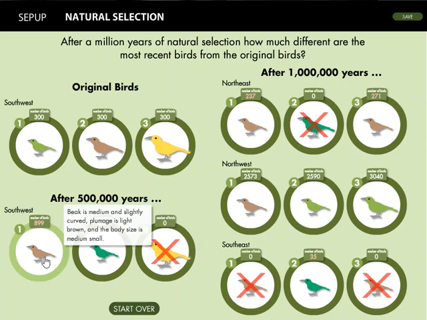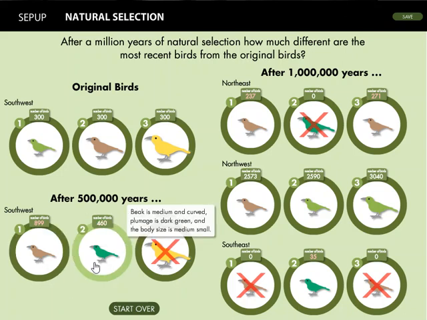They have a medium slightly curved and a medium curved beak. And the only difference really is the plumage. One is slightly larger. So we can see that the same habitat evolved these two more similar populations toward the same changes.